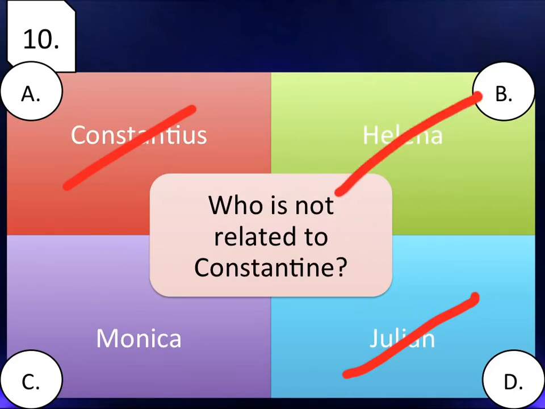Helena was the famous mother of Constantine. She was also the finder of the cross, the patron saint of archaeologists. She is a saint. Monica is also a saint. She is the saintly mother of Augustine, the mother who begged and pleaded for her son to be a Christian and cried many times over it.